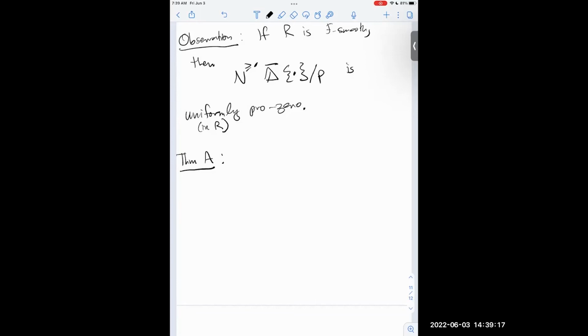I mean, there is also a dot here and the cohomology degree. So is it uniformly relative to what? Thank you for pointing that out. When I say pro-0, I should be more careful. This is really in any range of degrees, in any cohomological range.